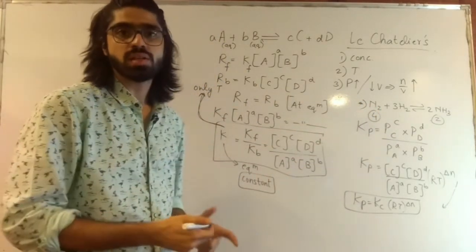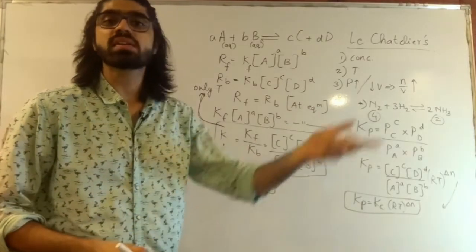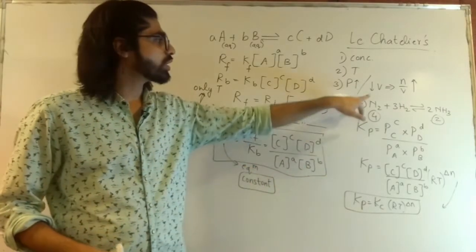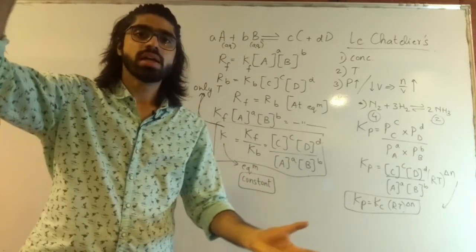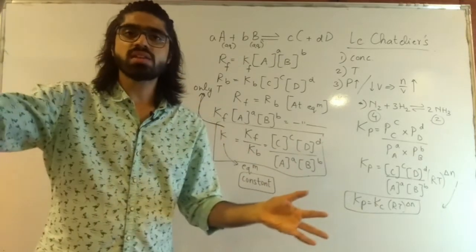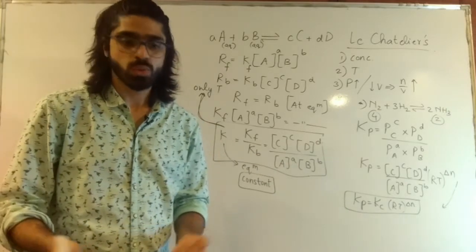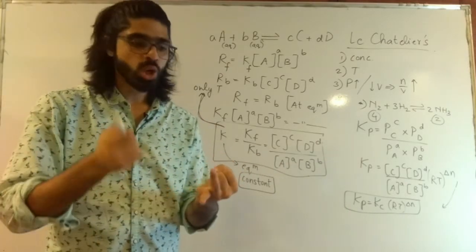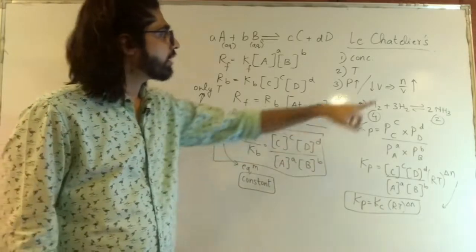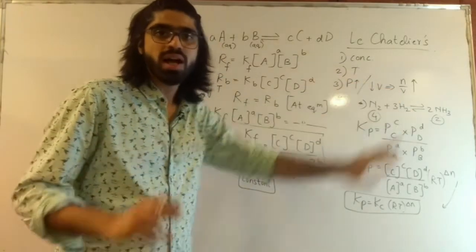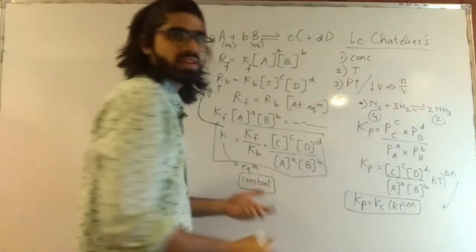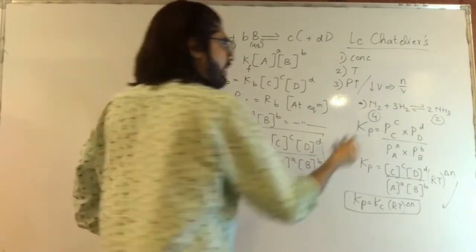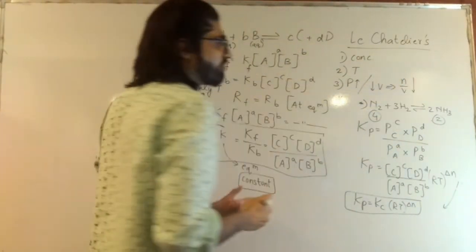What if you try to decrease the pressure? Decreasing the pressure or increasing the volume mean one and the same thing. If you increase the volume of the vessel, the pressure automatically drops, and the number of moles per unit volume go down, because the number of moles would remain the same but the volume increased.